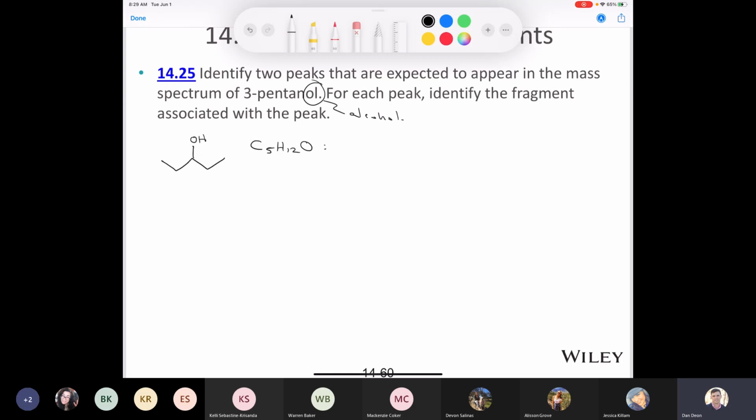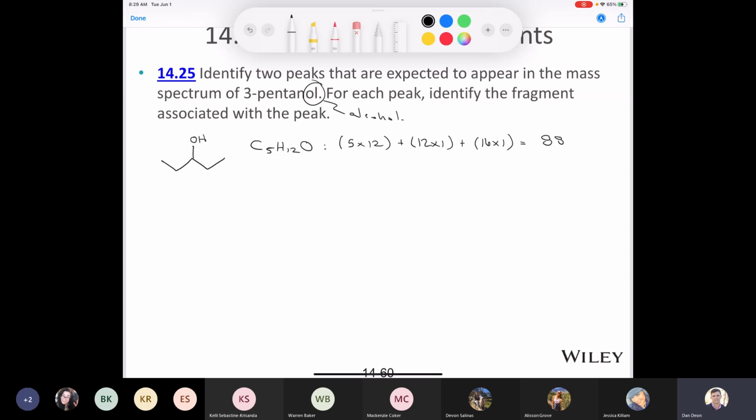So let's do it together. We've got 5 carbons, so 5 times 12. We've got 12 hydrogens, so 12 times 1. And 1 oxygen, so 16 times 1. We get 60 plus 12 plus 16, so that's 72, plus 16 is 88. So we have a mass of 88.